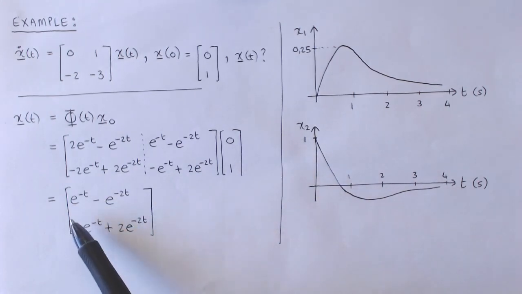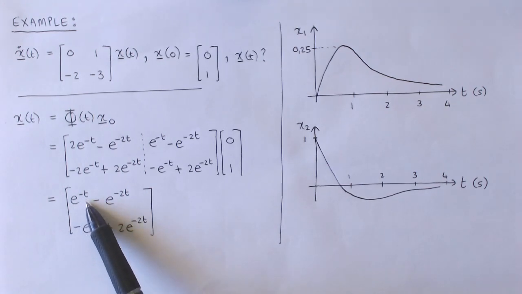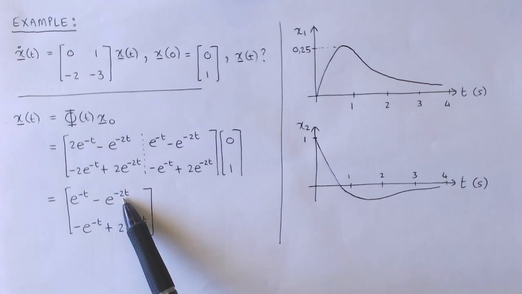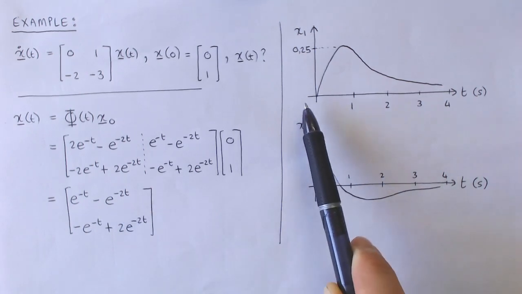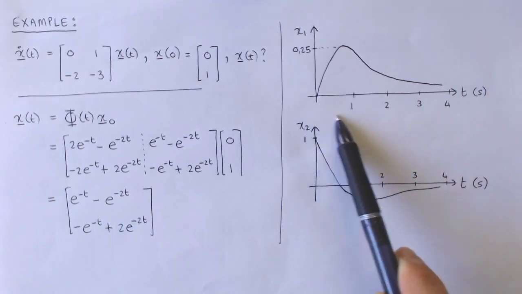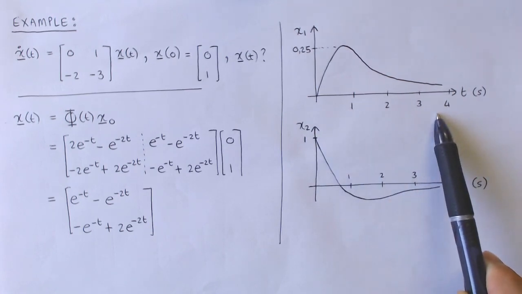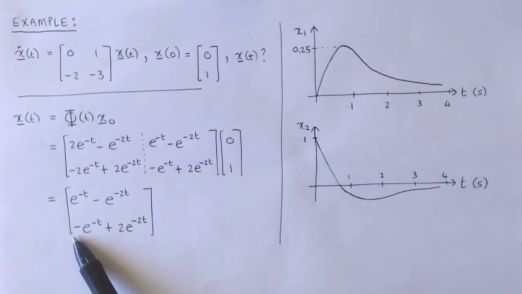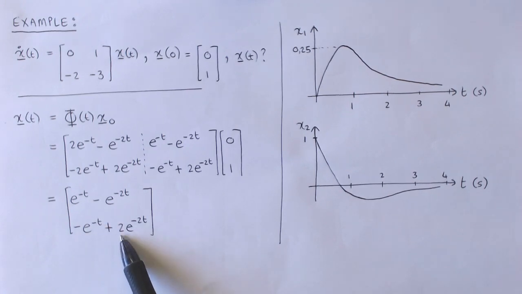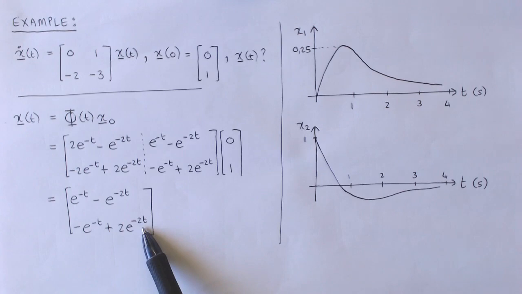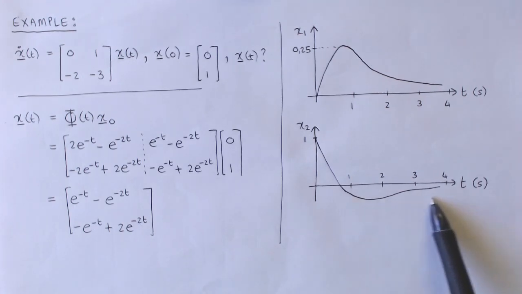The first state, x1, is therefore described by e to the minus t minus e to the minus 2t, which can be approximately sketched as follows. And the second state, x2, is described by minus e to the minus t plus 2 times e to the minus 2t, which can be approximately sketched as follows.